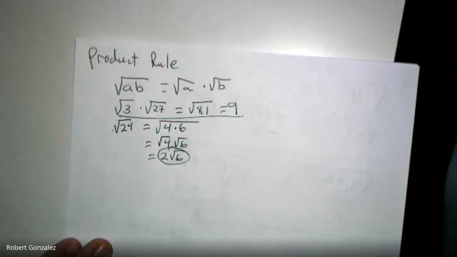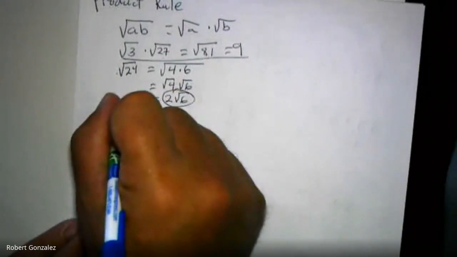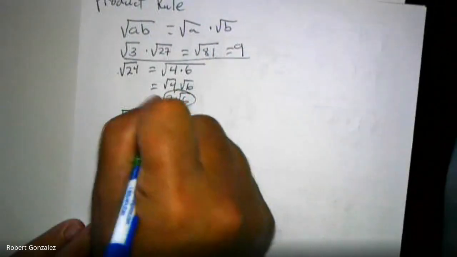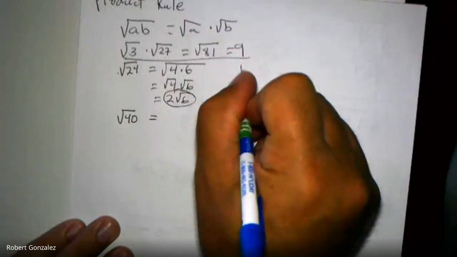Why don't you guys try one of those? Tell me what the square root of 40 is. Go ahead and do it. I'll give you about a minute. When someone gets it, you can tell me the answer. Here's your perfect squares.